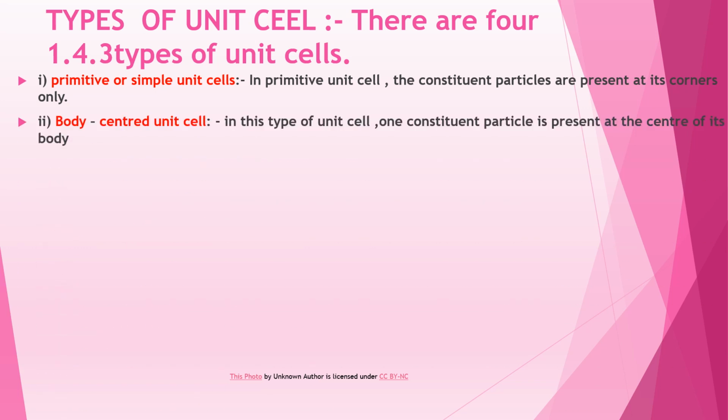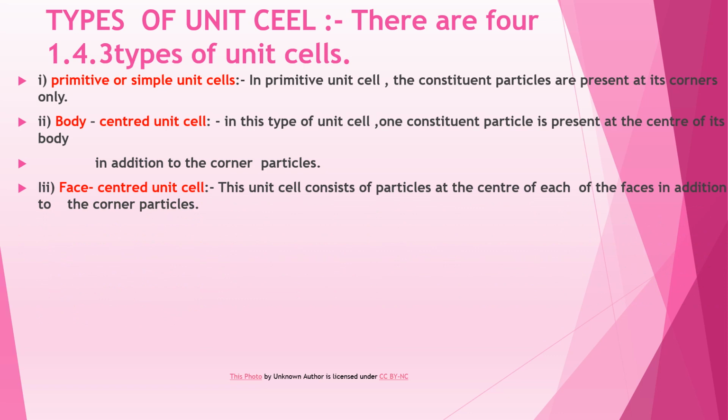Second one, body-centered cubic unit cell. In this type of unit cell, one constituent particle is present at the center of its body and all 8 particles are present in the 8 corners.